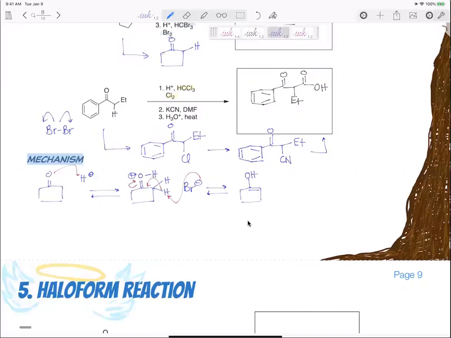Right? So we have the enol, and then the enol is going to come in to grab another molecule here.